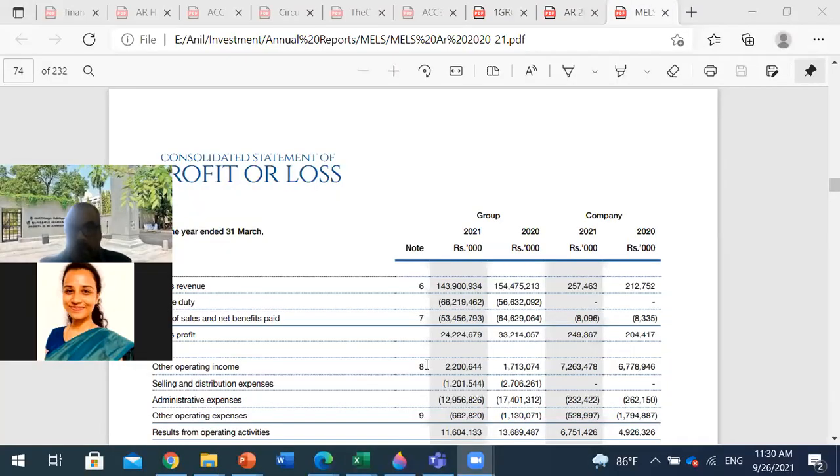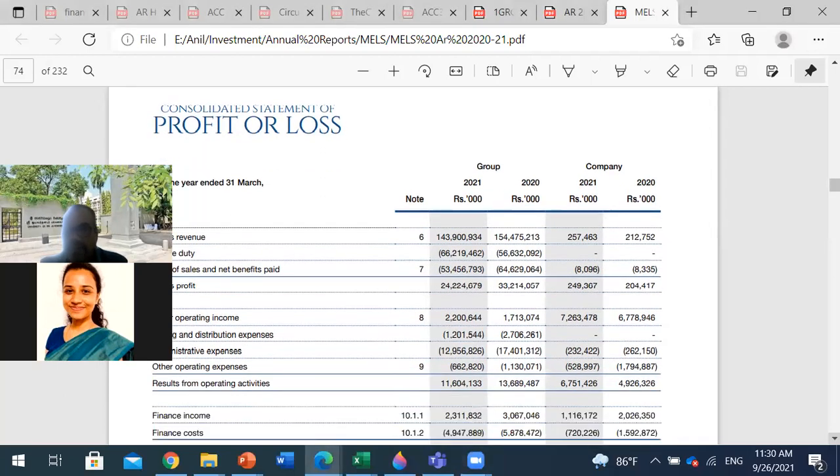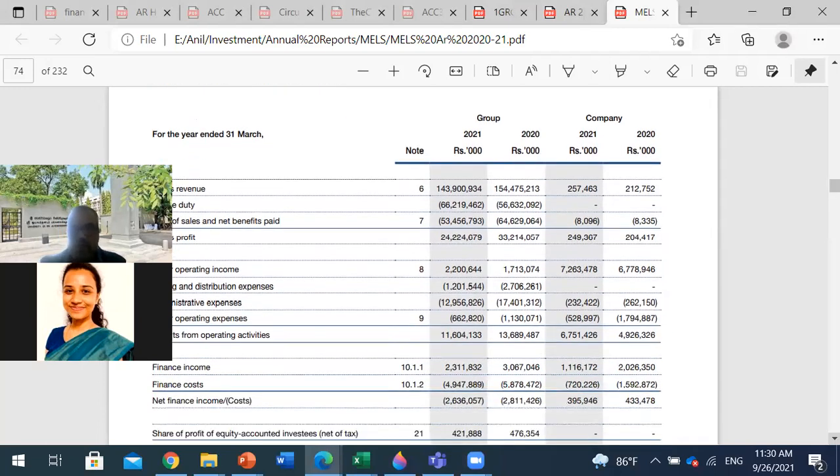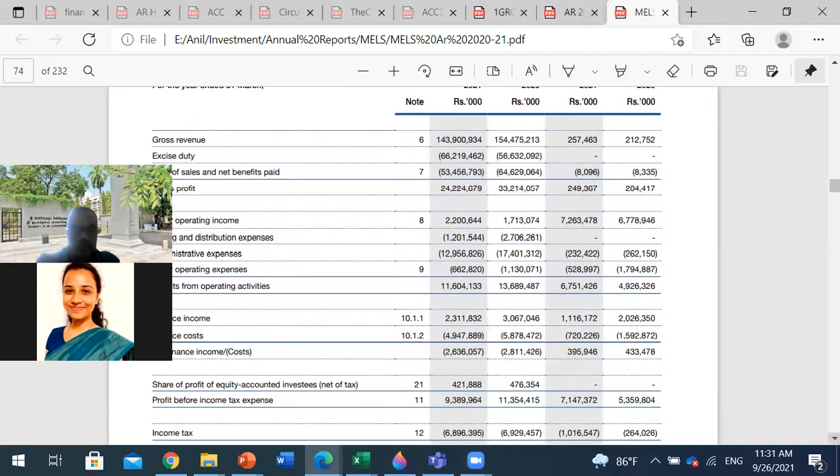Okay, now look at the company column and read the items and rearrange these numbers according to the headings I gave you: operating revenue, operating expenses, and net finance expense and earnings. No need to worry about the other comprehensive income, just up to the profit figure. Just take a few minutes and do it.